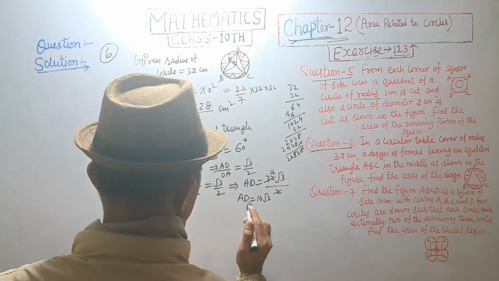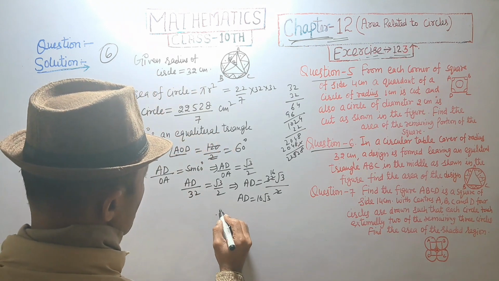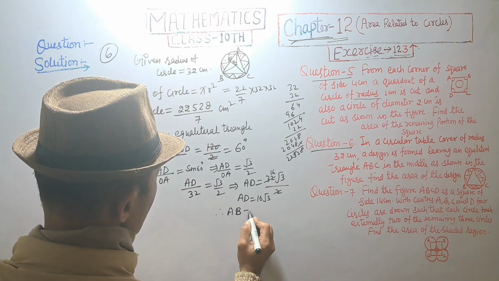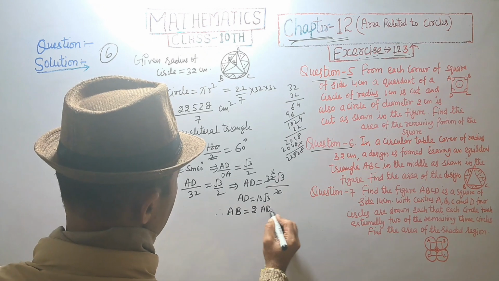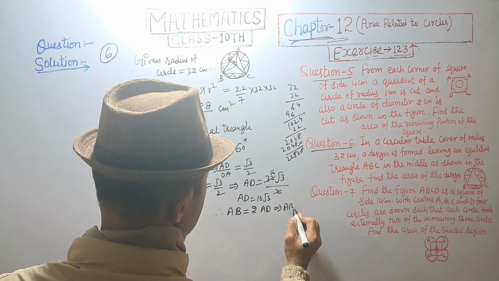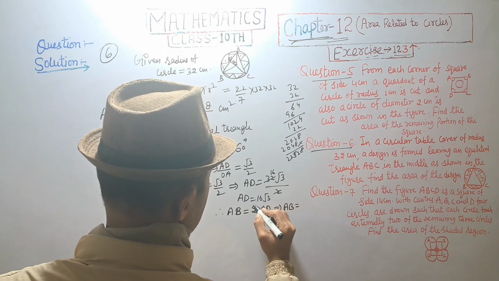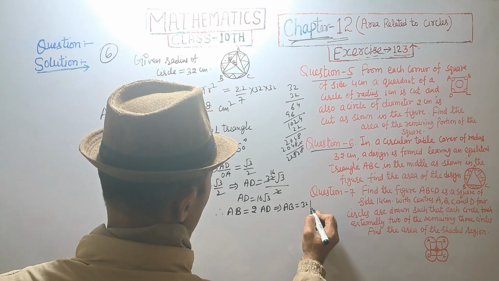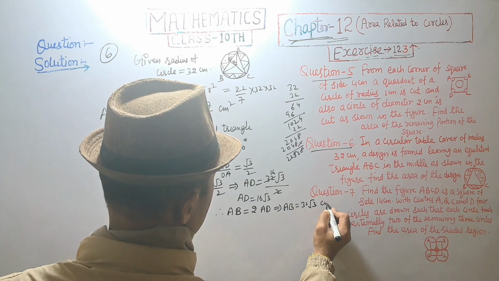And total AB, so AB is equal to 2 times of AD. This implies AB is equal to 16 2s are 32 root 3 centimeter.